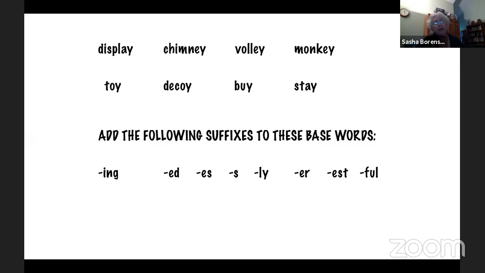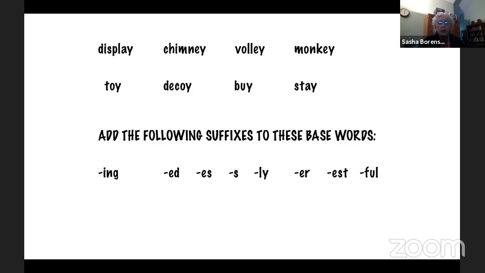If you have the ending of the base word being an S, an X, Z, or a CH, or a GE or DGE, then you use ES. And if you have anything else, you just stick an S on there. Okay? Good review.